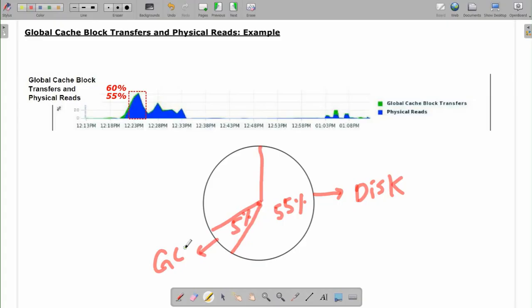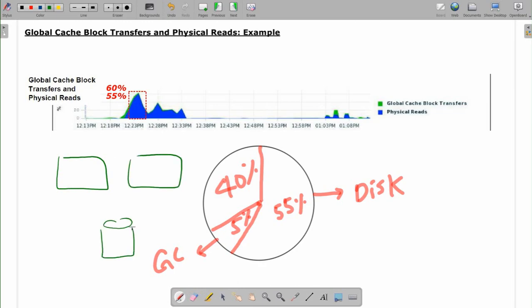And that means 40% is something else. So what is the 40%? The idea is this. If you have a 2-node cluster, for example, in this case, and you have a disk, then from one of the instance's point of view, out of 100% of total I/O, we were able to read 55% of I/Os from physical disk.